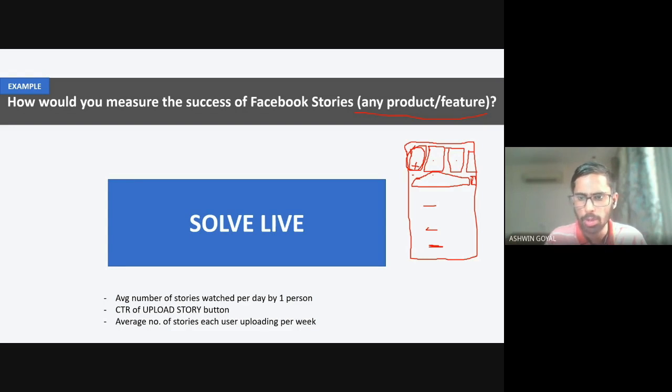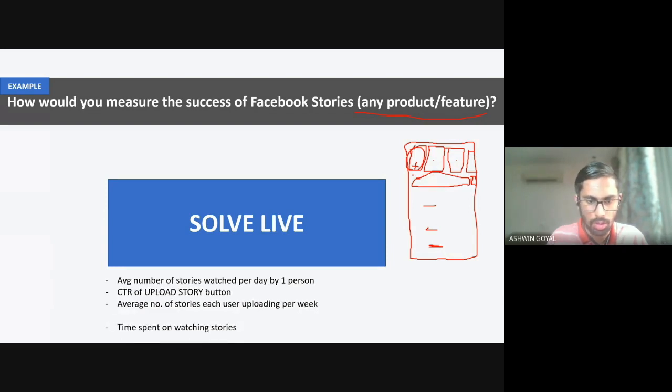Okay, time spent on watching stories. Yes, this can be a metric, although the interviewer has basically told you that we are not considering the time spent on watching stories. Okay, more metrics.